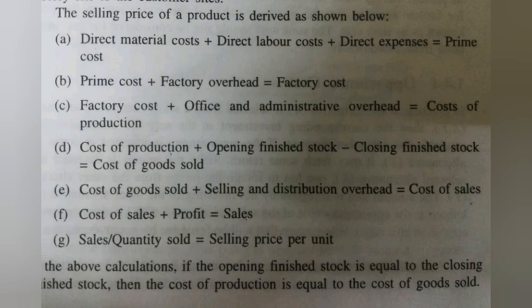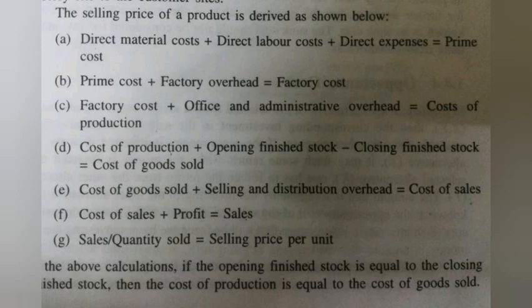Here the cost of production plus opening finished stock minus closing finished stock would be the cost of goods sold. Next, the cost of goods sold plus selling and distribution overhead would make the cost of sales. And the cost of sales plus profit would make the sales.